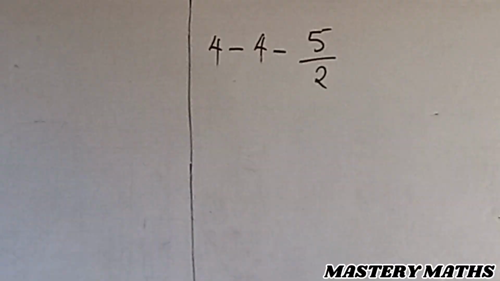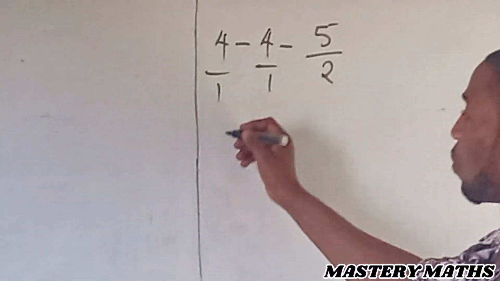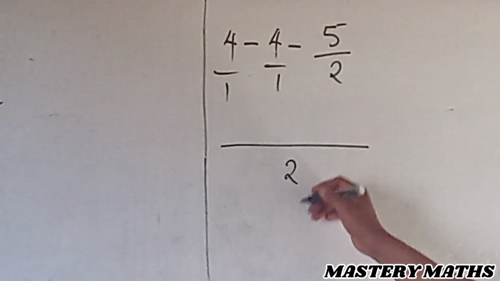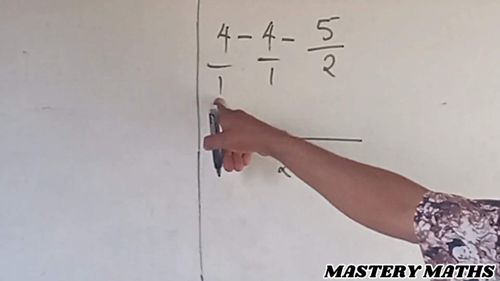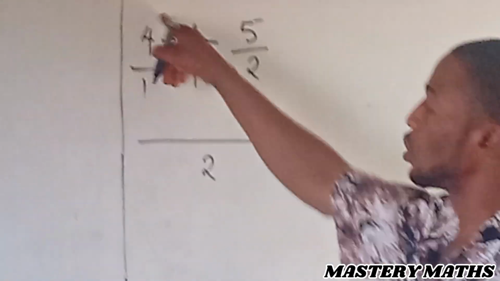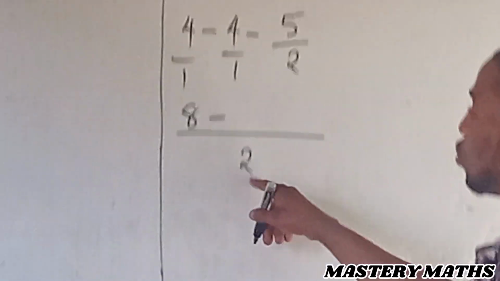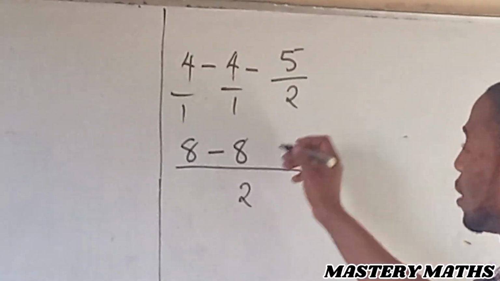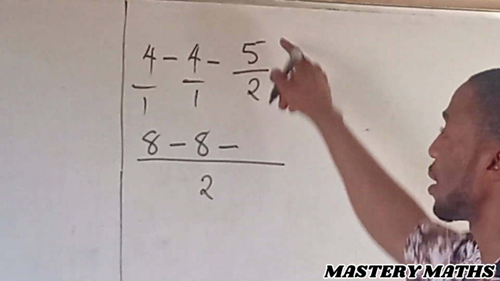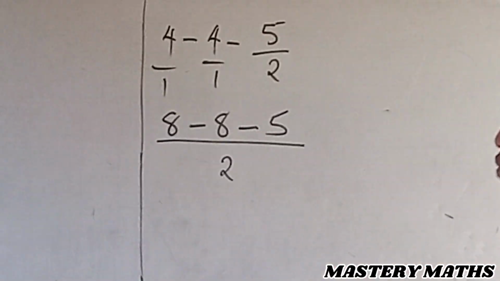So what should we do? We balance it, put over 1. We look for the LCM. LCM is 2. 2 into 1 is 2. 2 times 4 is 8. Minus 2 into 1 is 2, times this is 8. Minus 2 into 2 is 1. 1 times 5 is 5.